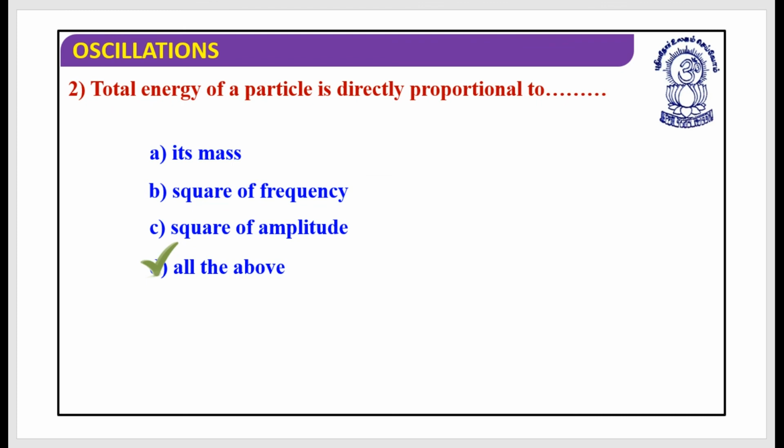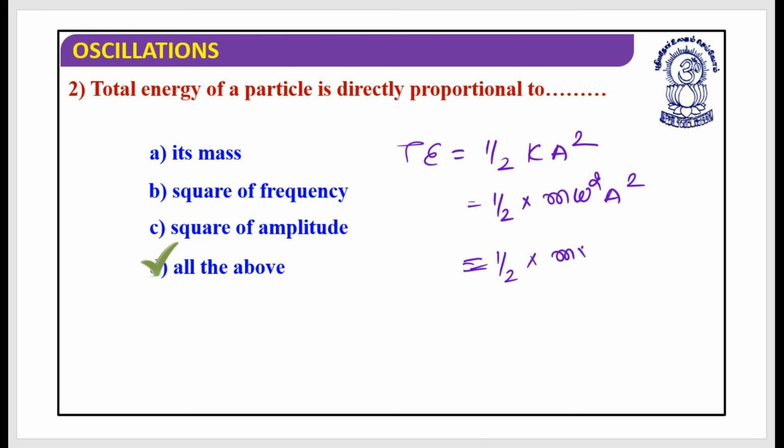Next, the total energy of a particle is directly proportional to... the total energy is half into k into a square. This k could be replaced as m omega square, and this omega can be replaced as 4 pi square f square, so the energy is m into 4 pi square f square a square.